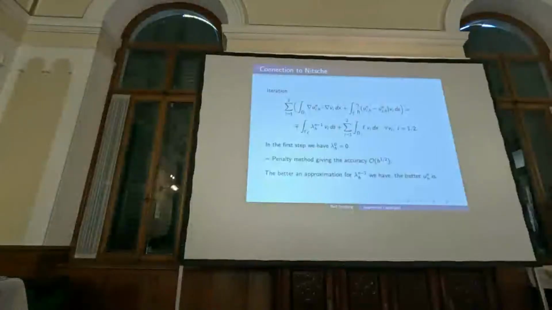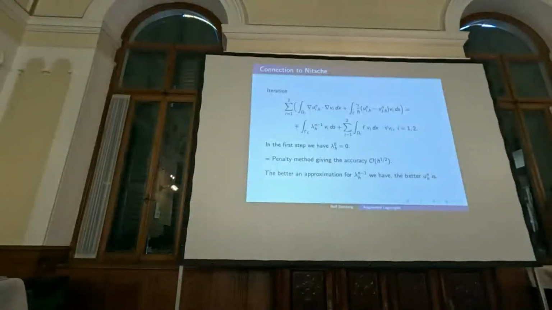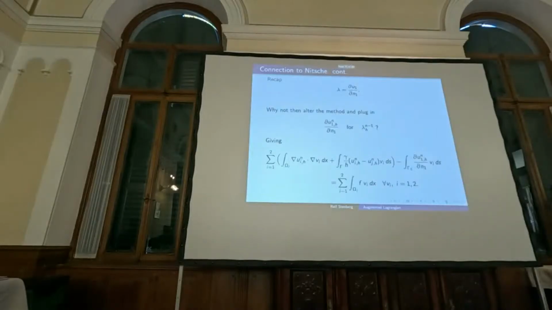But then, of course, you can argue that the better approximation you have to this lambda, the better it should be. In the exact solution, you know what lambda is. So instead of this lambda_h^{n-1}, why don't you plug in the unknown? So you get here the lambda, now you connect this to the unknown.